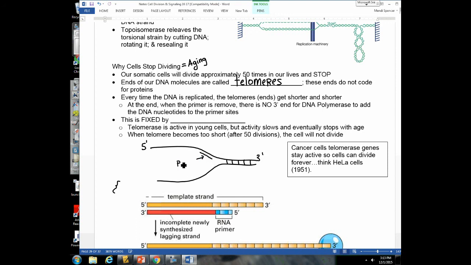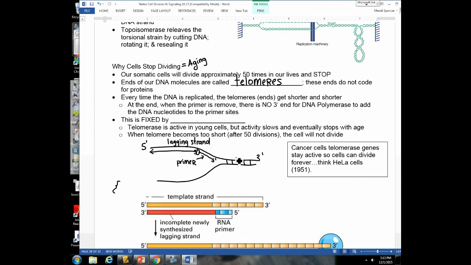So there's the primer put on by primase. And again, it's built in the 5' to 3' direction. And then eventually DNA polymerase can hook on here and can elongate the strand. So we've got a lagging strand. So let's write this is the lagging strand. It's being made in segments.